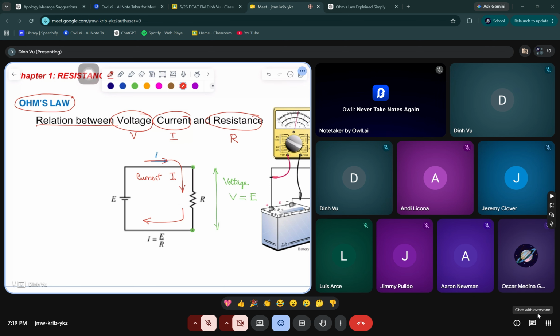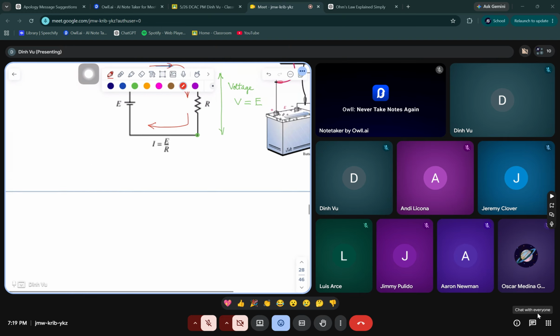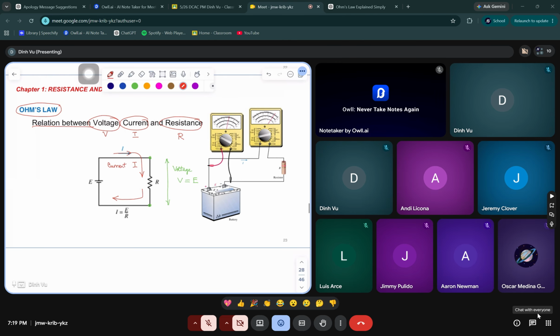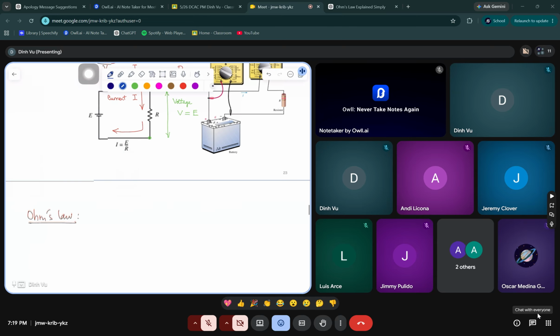Basically, Ohm's law says that V is R multiplied by I. So this is the basic relation: V is R times I.